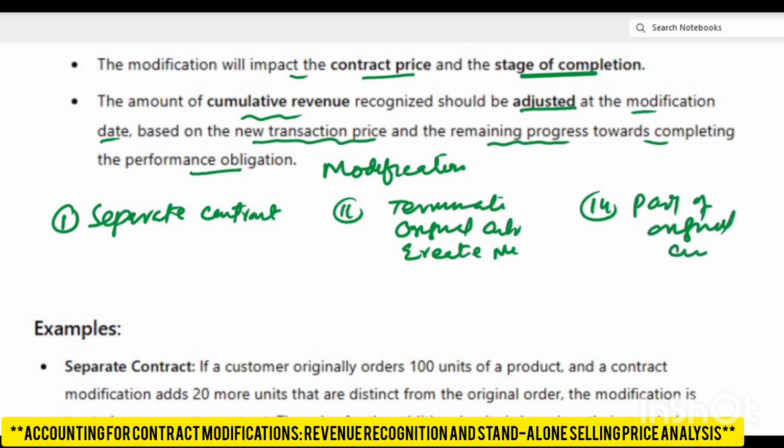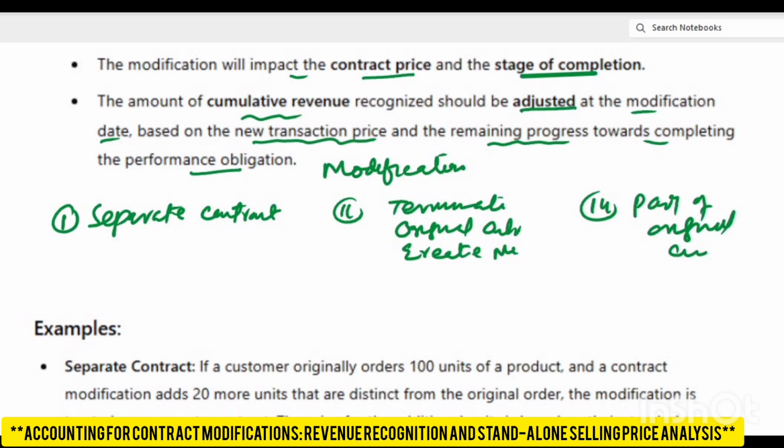For a separate contract, the modification adds distinct goods or services at the stand-alone selling price, and that is treated as a new contract. For terminating and creating a new contract, the remaining goods or services are distinct from what was already delivered, so the old contract ends and the new contract starts. For part of the original contract, the goods or services are not distinct, and you adjust the price and revenue of the original contract.